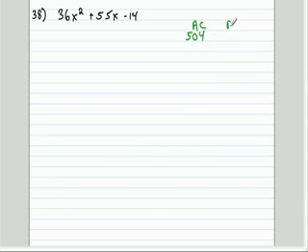My B is going to be positive 55. Well, I can start out with 1 times 504, but notice how if I add or subtract, I've got a big number. I've got to get something that's a little bit closer.